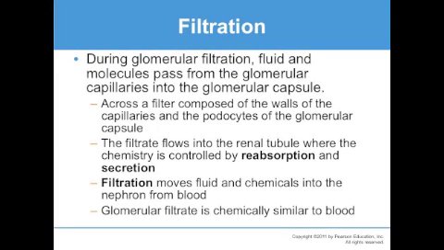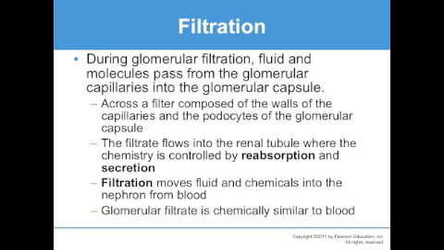If you remember, back in the glomerulus, when filtration takes place there, fluid and molecules pass from the glomerular capillaries into the glomerular capsule. This crosses over the filter that's made up of the walls of the capillaries and the podocytes of the glomerular capsule.